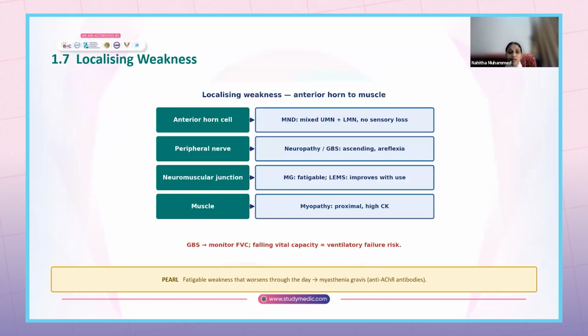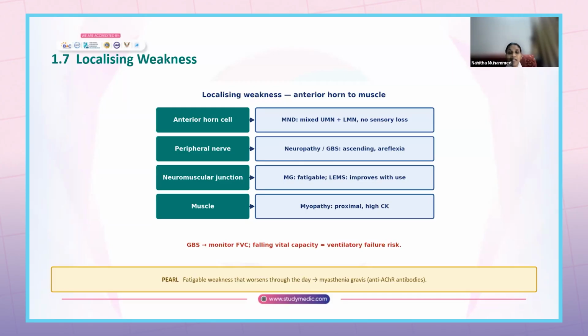So these are the localizing parts. In MND, the localization is the anterior horn cell within the spinal cord. Here the sensory is not involved, only the motor part is involved, that is both UMN and LMN. If it is nerve, sensory is also affected. In the neuromuscular junction, only the muscle part is affected and it is fatigable.